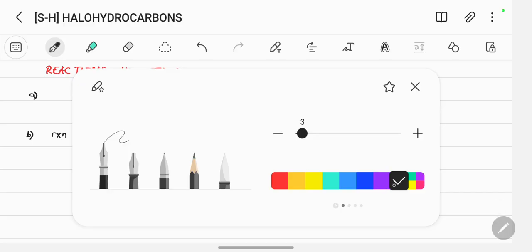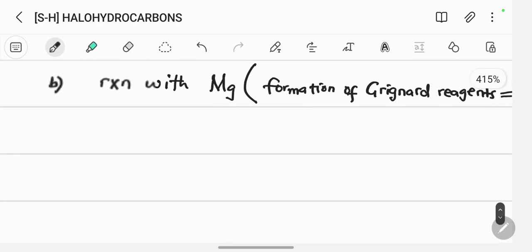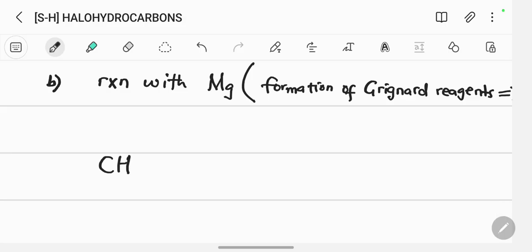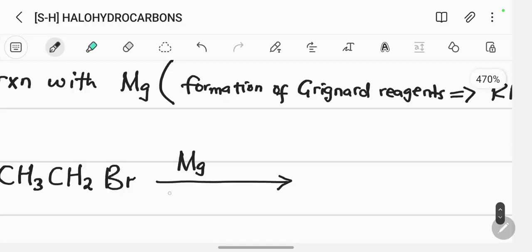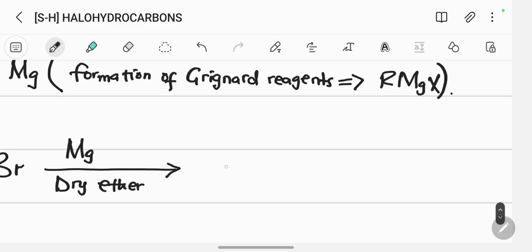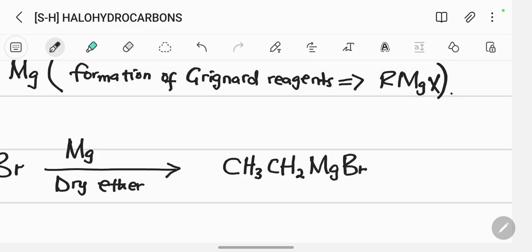So I'm going to move on to the example. If I'm having my alkyl halide as CH3CH2Br, and I put in magnesium, that includes dry ether, it's going to give us CH3CH2MgBr.